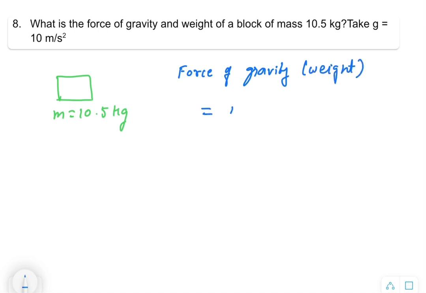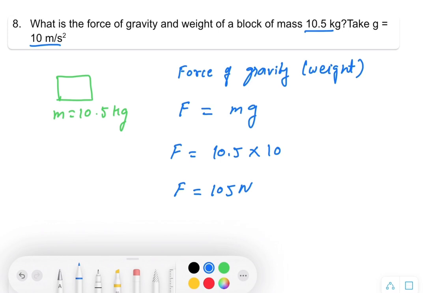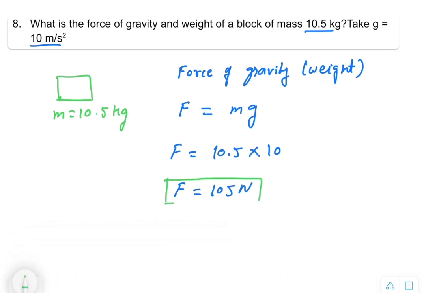It is equal to product of mass and acceleration due to gravity. So F is equal to 10.5 kilograms multiplied by 10 meters per second square. Mass is 10.5, G is 10 meters per second square. So that would give me the force of gravity. It will be 105 newtons. It is same as the weight of the block.